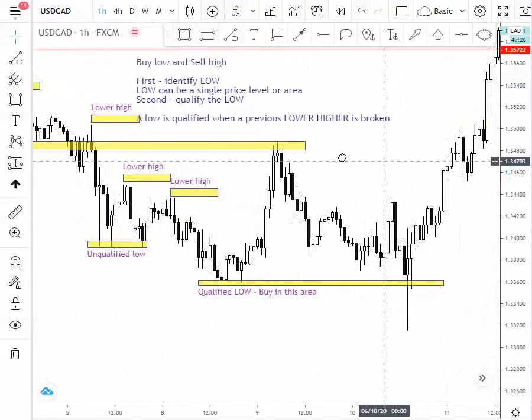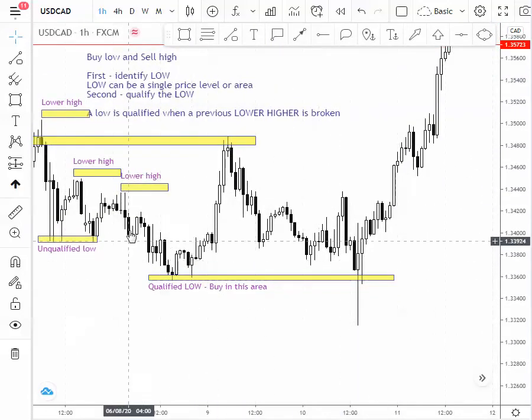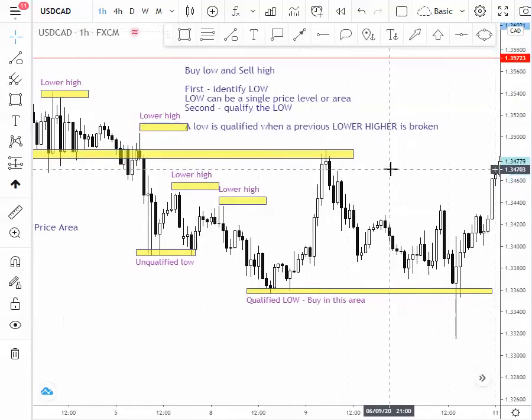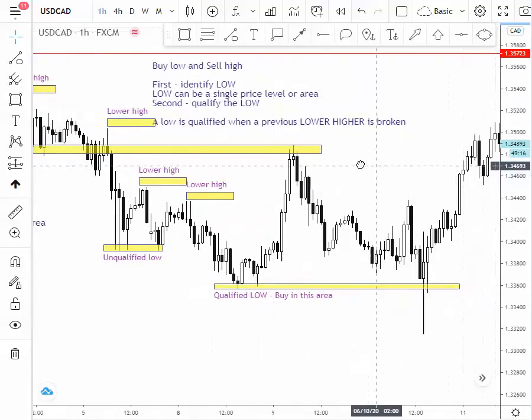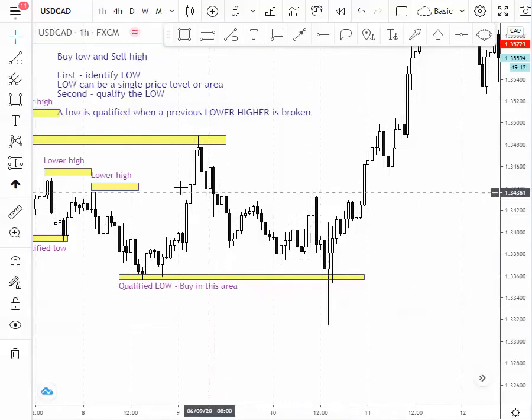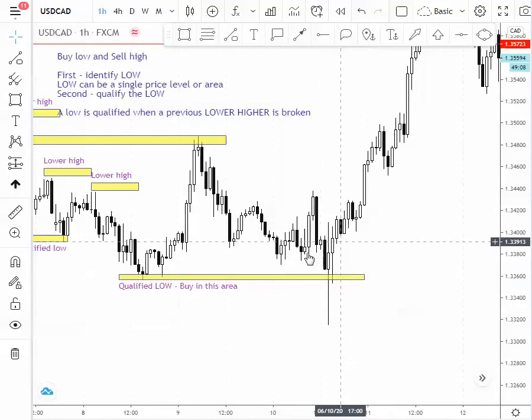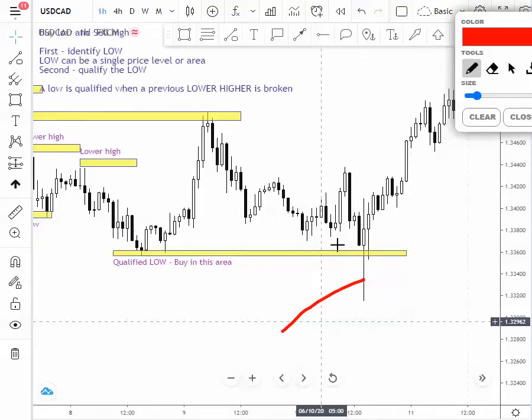And when it comes back into this area, we're looking to buy, because this is what we were waiting for, and now it's happened, and now we're going to execute. So as price comes into this level, after taking out these lower highs, we are looking to enter into a trade. This bar here, I've entered a trade, somewhere in this area.